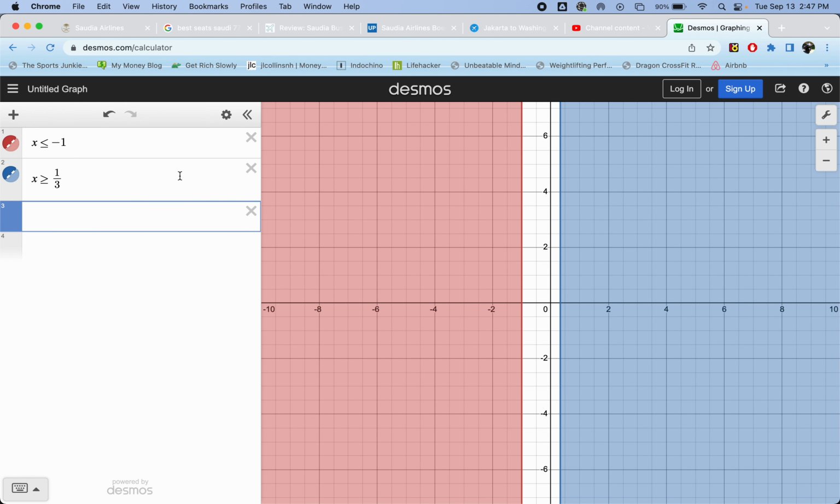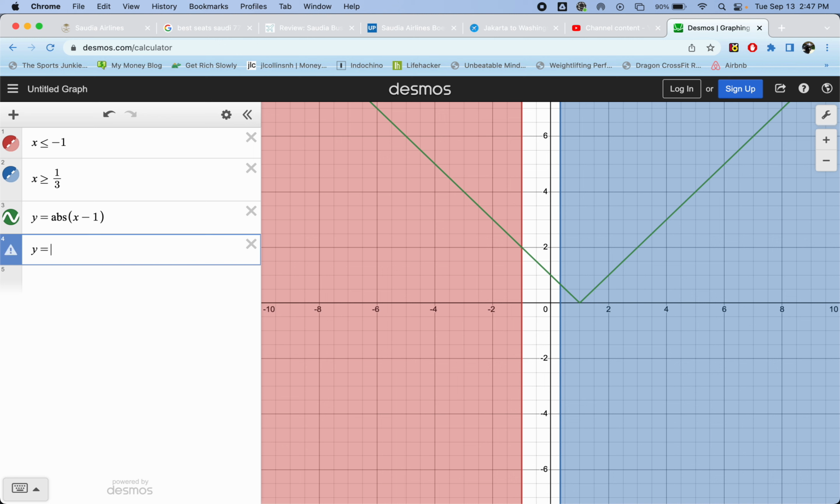Okay, so y equals absolute value x minus 1. Hey, that looks just like the graph that we got on the Nspire. And y equals 2 absolute value x.